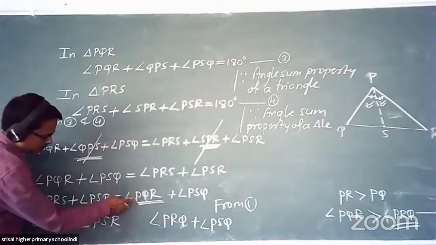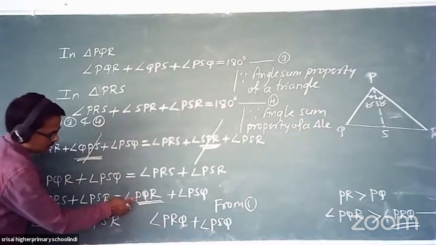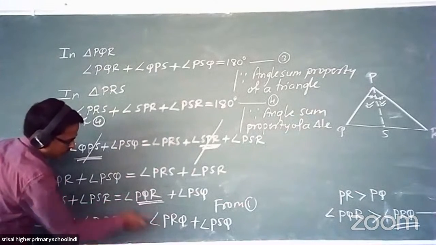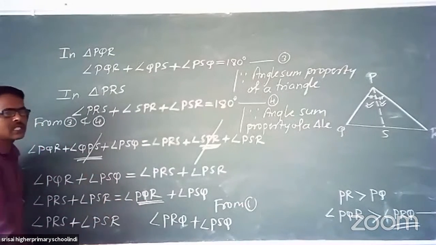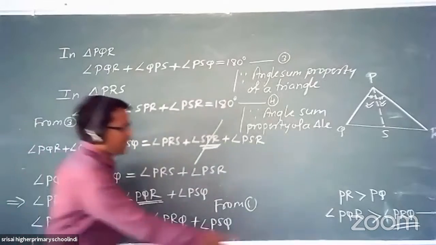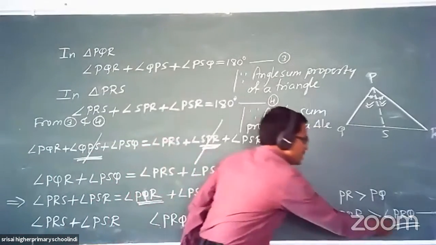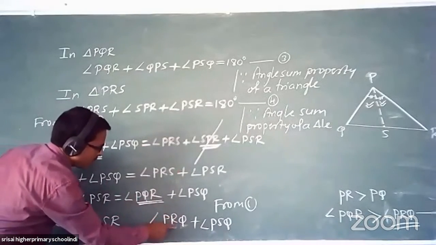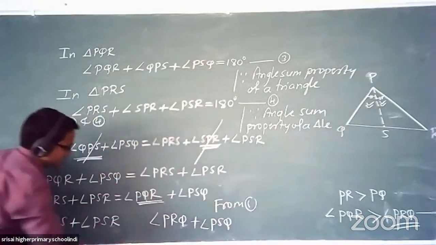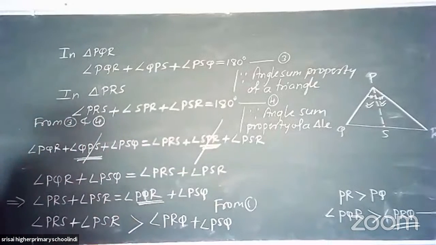Now, here PQR is there. Now I have PRQ. The equal sign will not remain the same. It changes because PQR is more, PRQ is less. Means if I remove PQR and put PRQ, this side becomes less, this side becomes more.